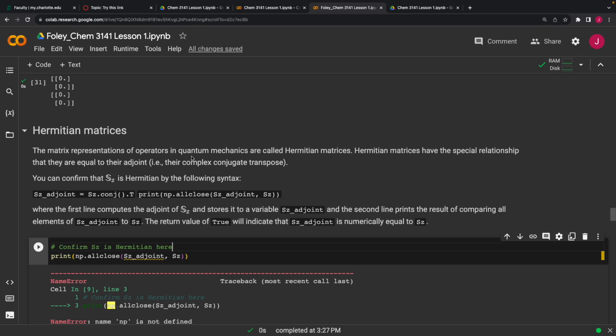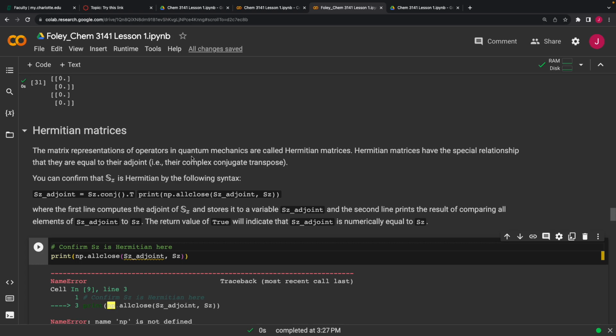Hermitian operators are also called self-adjoint operators, which means that if you take that operator and find its adjoint, it will be the same. It will be unchanged. So the matrix representation of that operator, if I take the adjoint of that matrix, it will be the same.